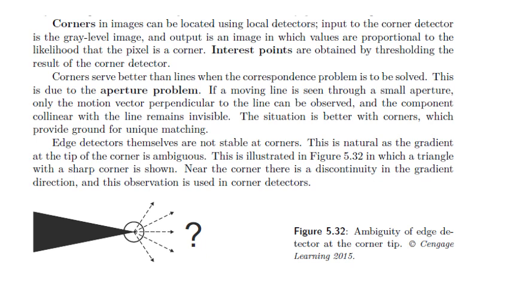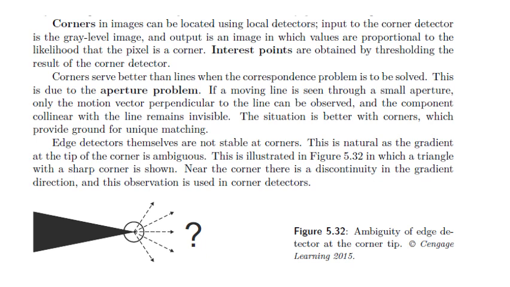This is due to the aperture problem. What is the aperture? When we capture an image, we have to use some sort of camera or lens. If a moving line is seen through a small aperture, only the motion vector perpendicular to the line is usually observed. That is the problem with having only information about the edge.